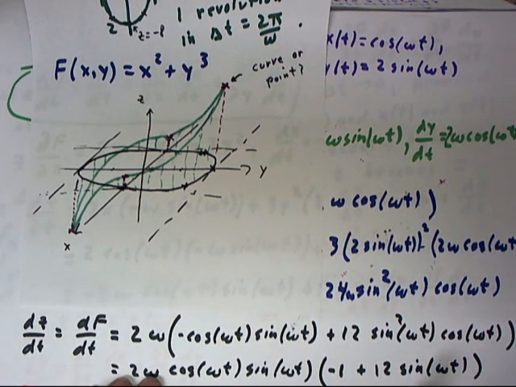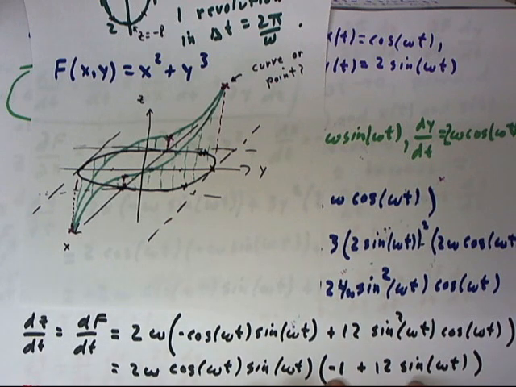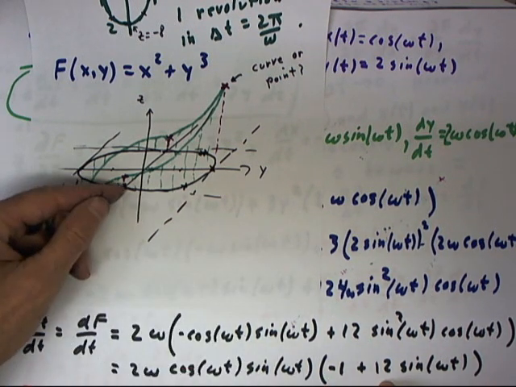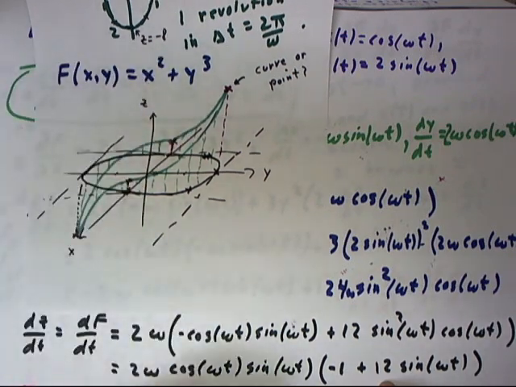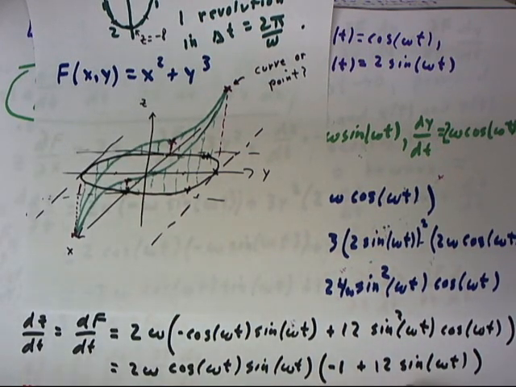One thing that disturbs me just a little bit about this expression is that when the sine of omega t is plus 1/12, which is going to happen somewhere pretty close to the x-axis or to the xz plane, but not exactly on the xz plane, the negative 1 plus the 1 that we would get from 12 times 1/12 is going to be 0.